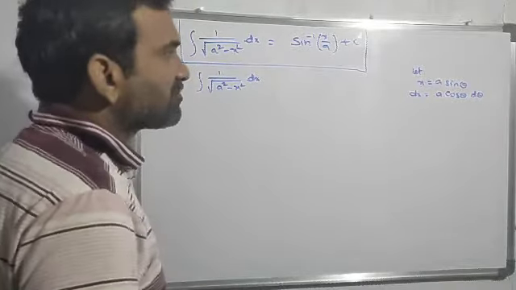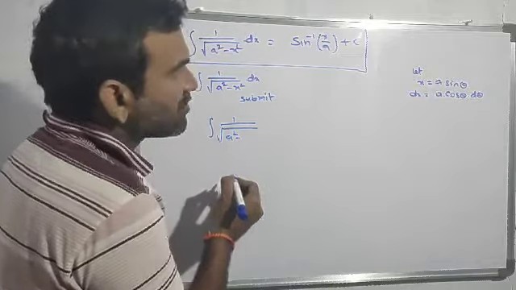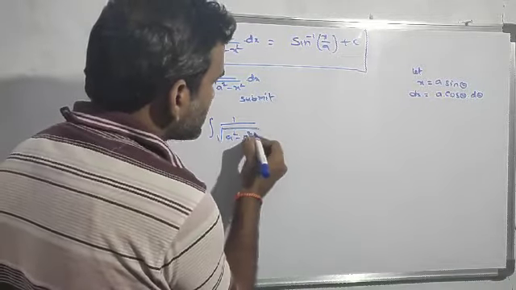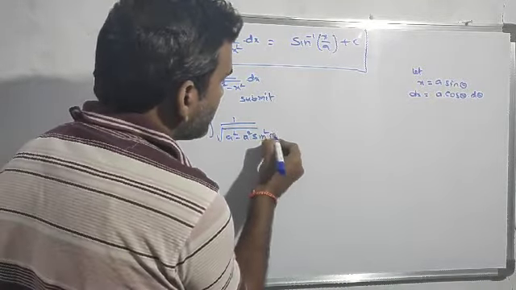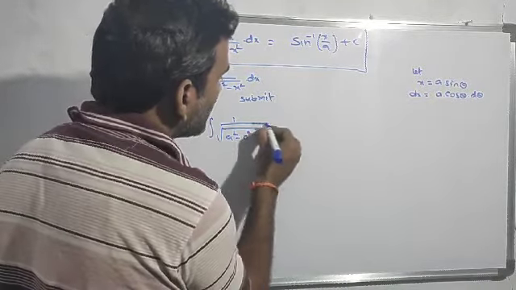So this is the LHS. Integration of 1 by square root of a square minus x square, where x square means a square sin square theta. What is the dx? The dx value is a cos theta into d theta.